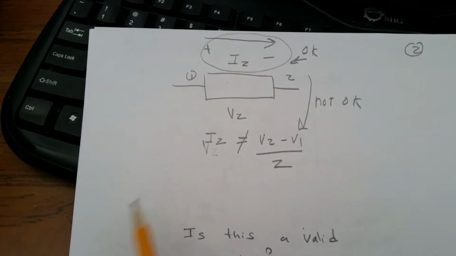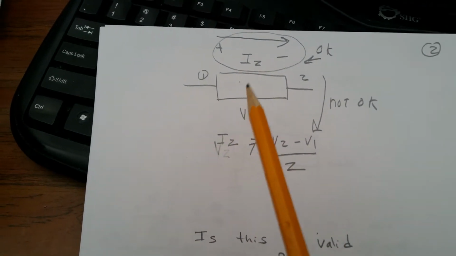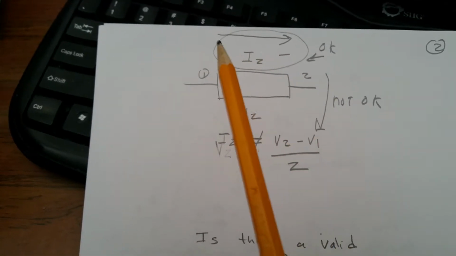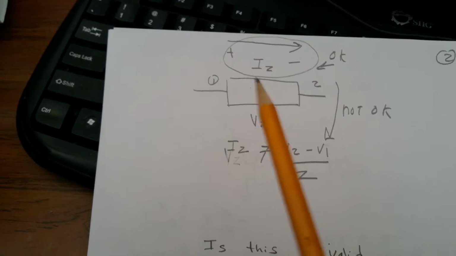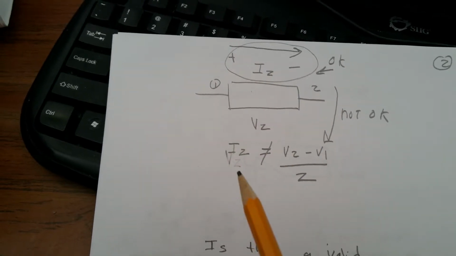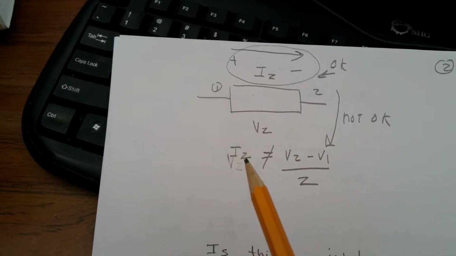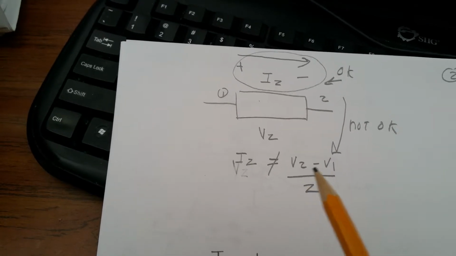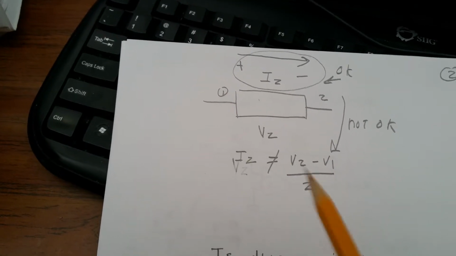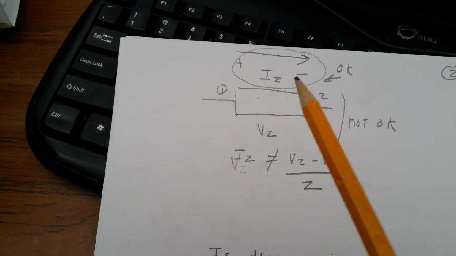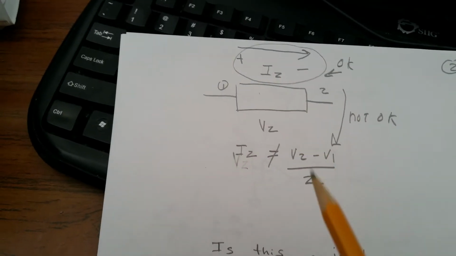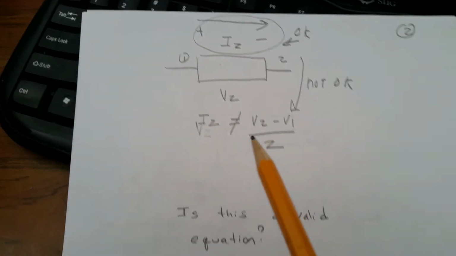Now, if I have plus minus and I have the current going that direction, that's an okay definition. But if you happen to write that the current is equal to V2 minus V1, that is not okay. So you have to make sure that you write that branch current properly.